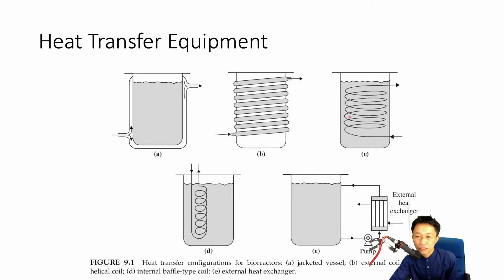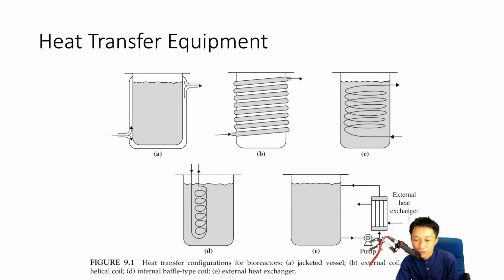The gray one is your products. This one is the internal coil, helicoid, installed inside, and this coil functions as the heat transfer equipment and also the buffer of your system.